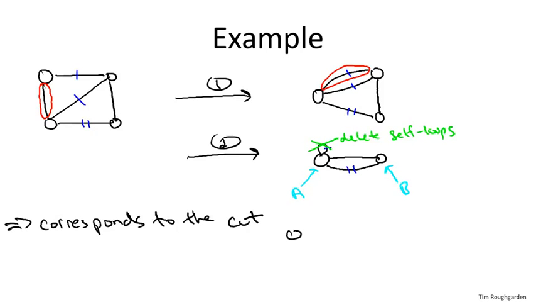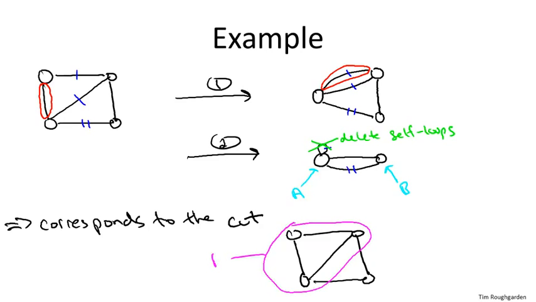So the set A is going to be these 3 nodes here, which all got fused into each other, contracted into each other, and B is going to be this node over here, which never participated in any contractions at all. And what's cool is, you'll notice, this does in fact define a min cut. There are 2 edges crossing this cut, this one, the rightmost one, and the bottommost one. And I'll leave it for you to check that there is no cut in this graph with fewer than 2 crossing edges. So this is in fact a min cut.